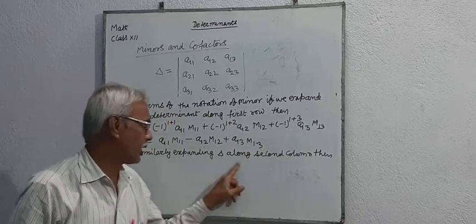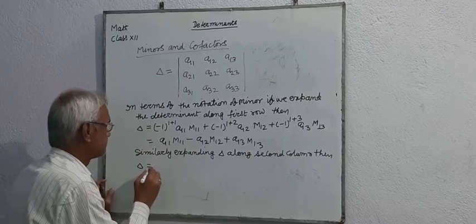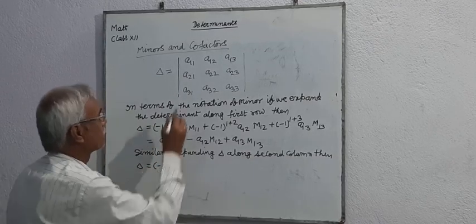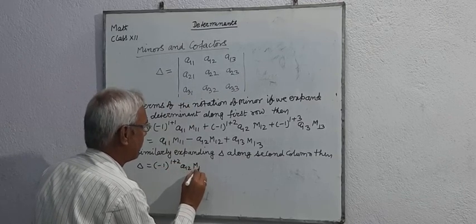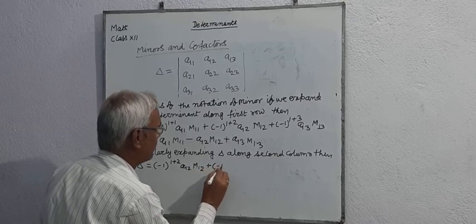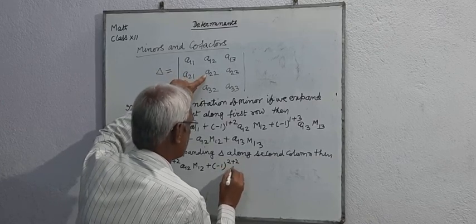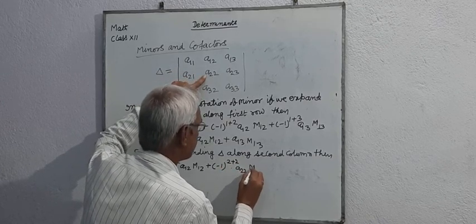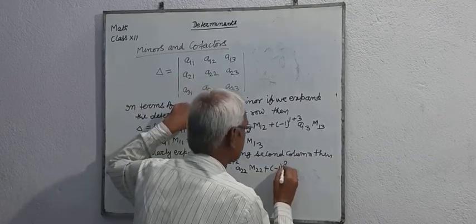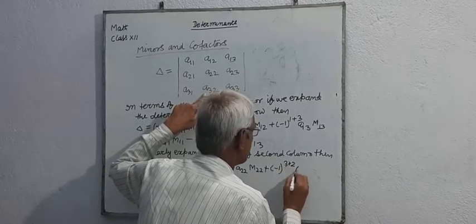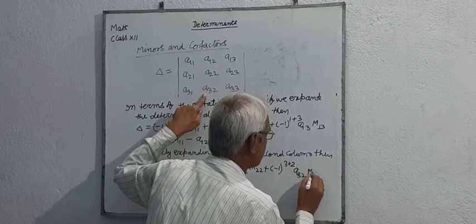Similarly, expand the determinant along the second column. Then the determinant equals minus 1 to the power 1 plus 2 a12 M12, plus minus 1 to the power 2 plus 2 a22 M22, plus minus 1 to the power 3 plus 2 a32 M32.